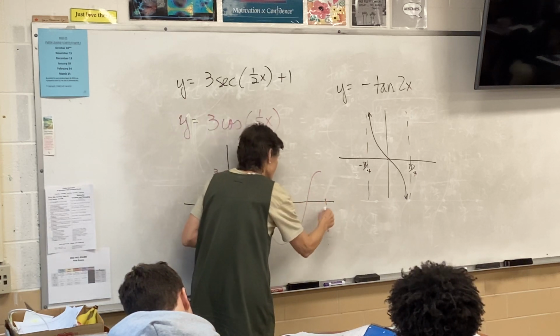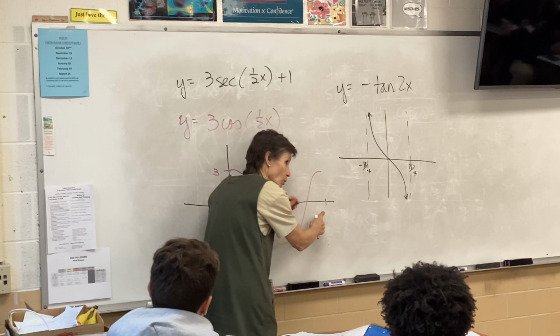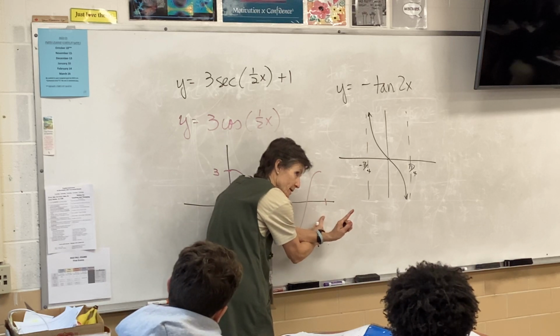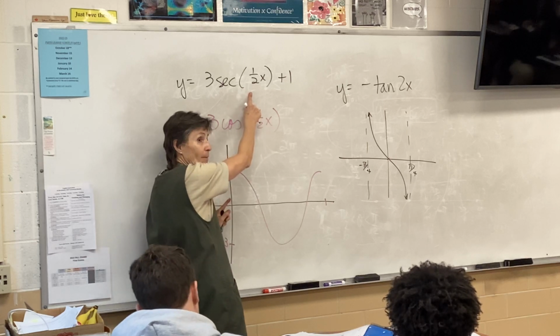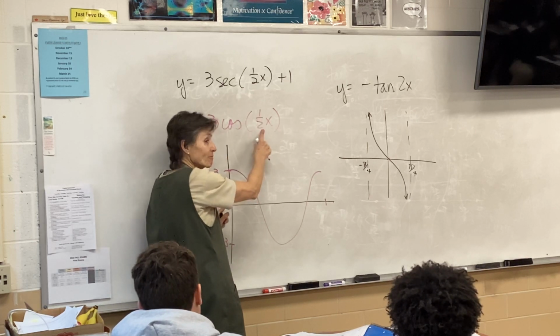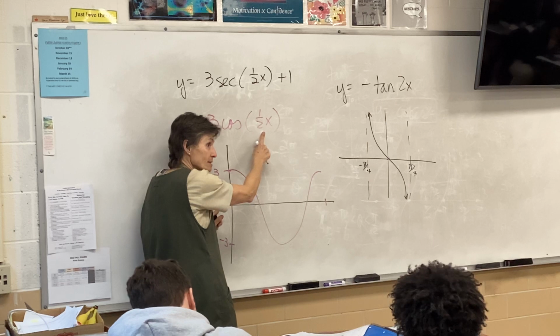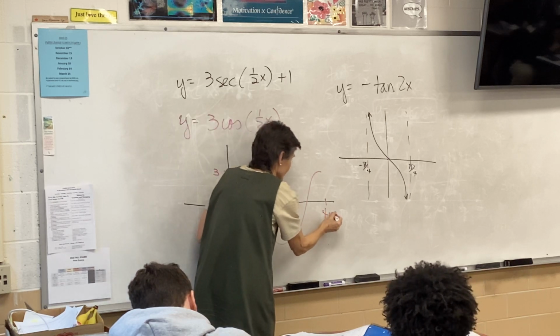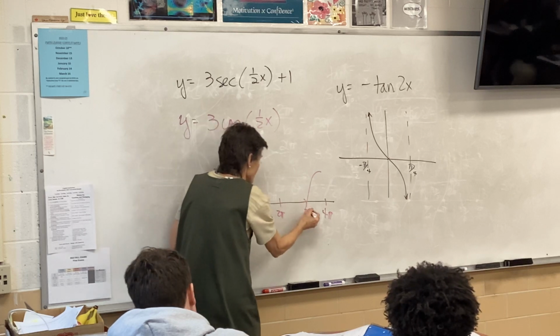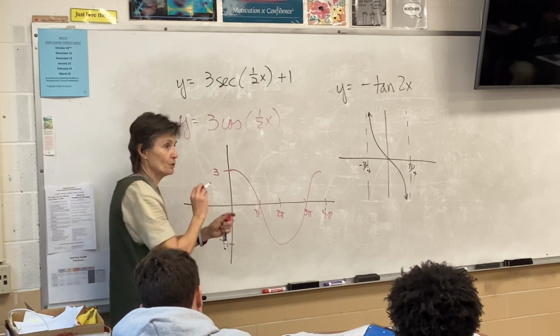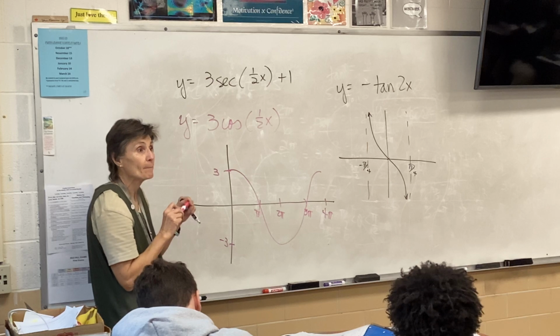Normally, this would be what? In a perfect world, that would be 2 pi. But I have divided it by a half, so now it is 4 pi. And this one's 2 pi, and this one's pi, and this one's 3 pi. Old news, everybody with me with that?